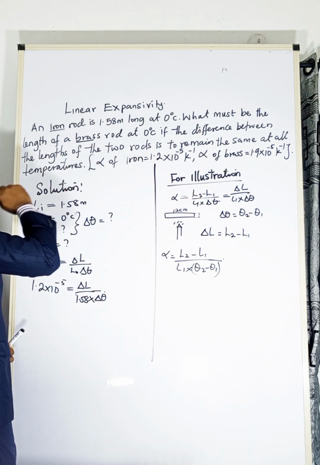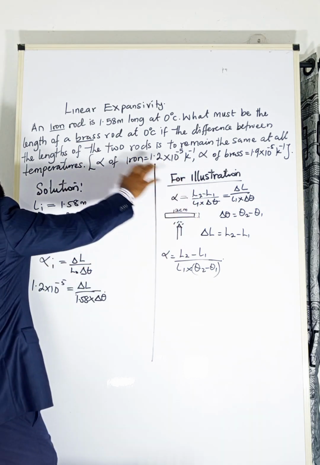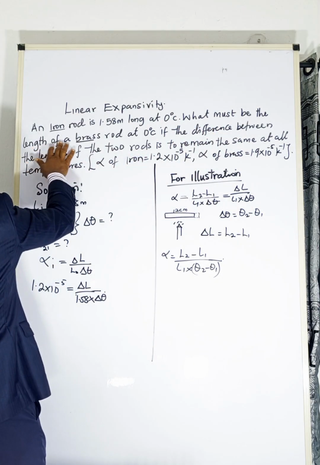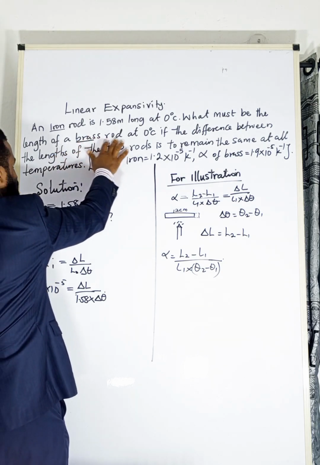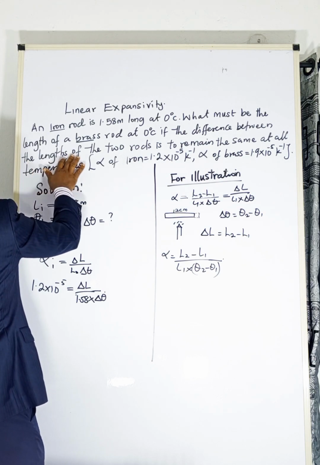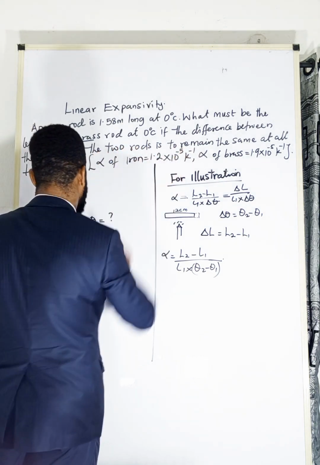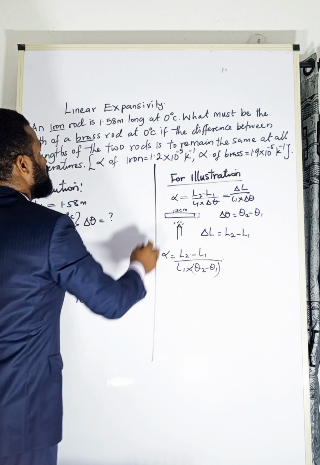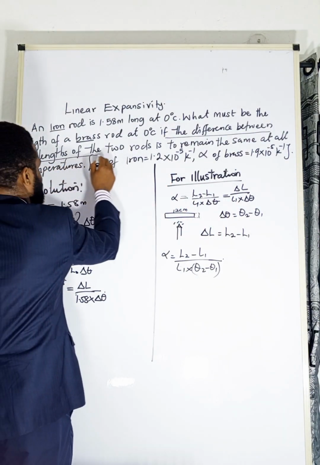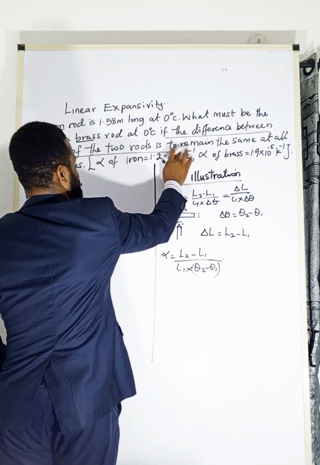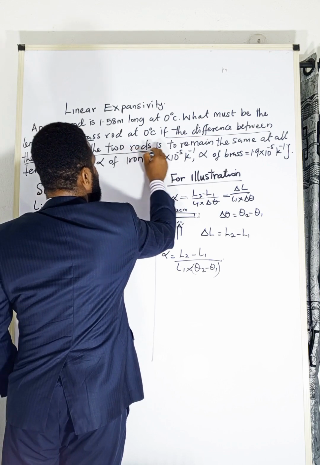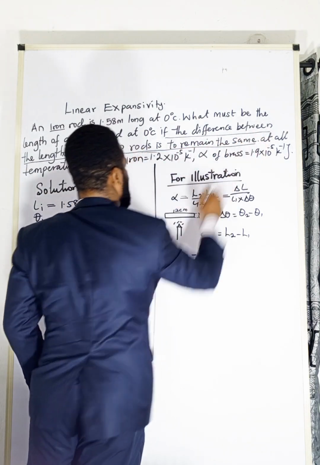Now I'm going to go back to the illustration for that of iron. He said, what must be the length of a brass rod if the difference between the length of the two rods is to remain the same at that point?